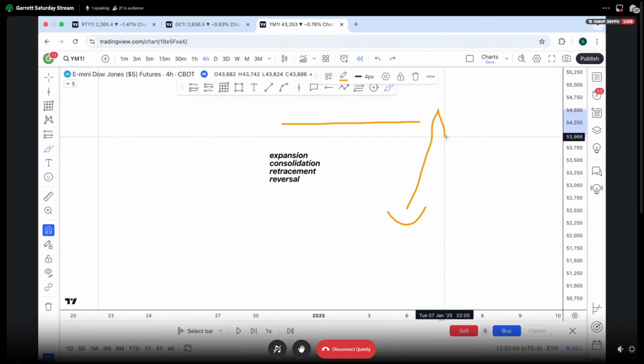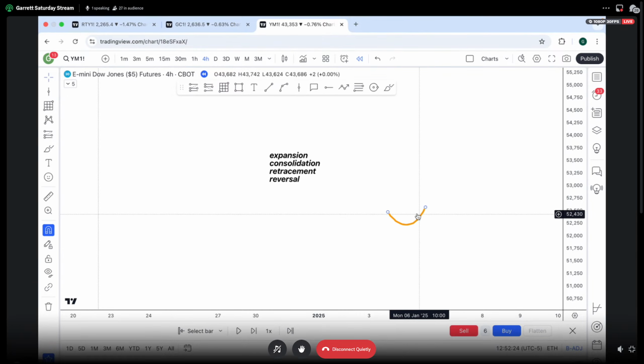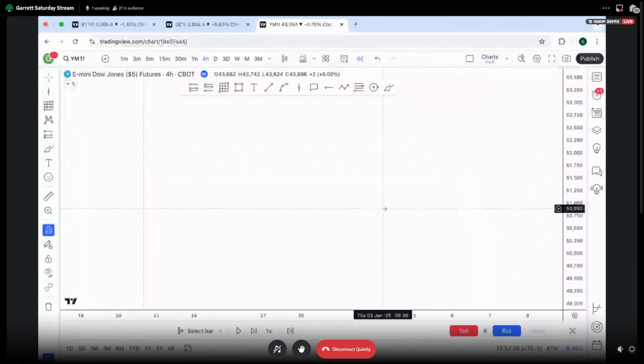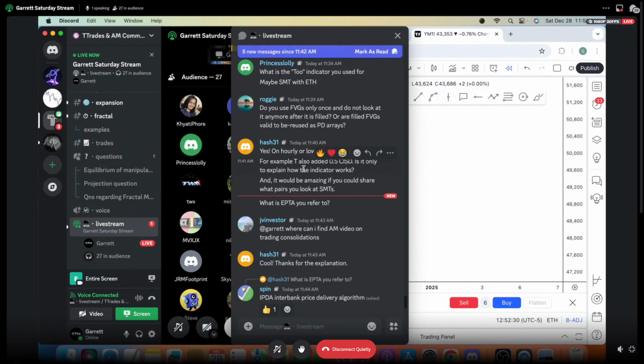It doesn't have to manipulate to then expand again. But in order to anticipate the expansion or retracement and consolidation, we need to see manipulation. That's why manipulation is so important, because you're going to actually anticipate it. But I went over that in detail.